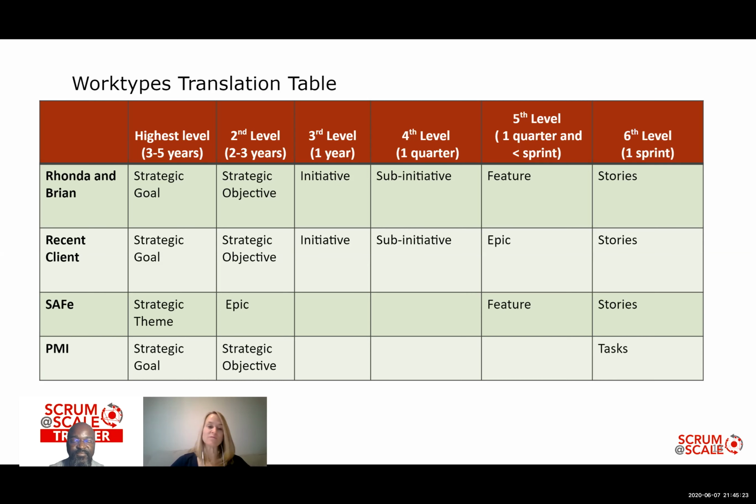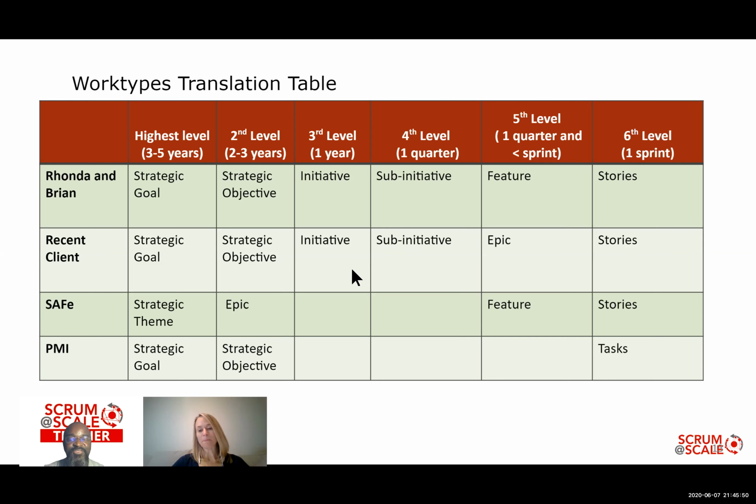That's really important. Now, keep in mind as we go through this, this fits right in with the natural expansion capabilities of Scrum at scale. So if you have a small organization, you can actually have fewer of the work types than you see here, right? So if you have 3 levels, maybe you only have 3 work types or 4 work types.